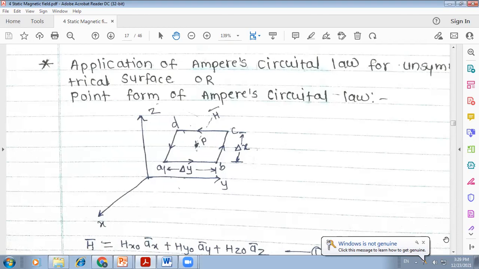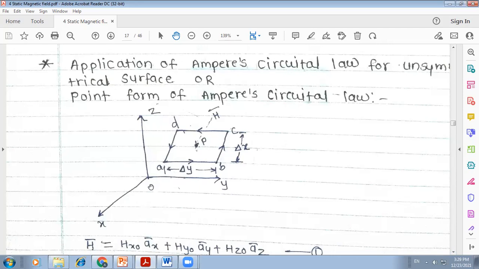So here for finding the point form of this Ampere's circuital law, we are considering here one closed loop. Okay, concentrate, this is important. So consider one closed loop here, A, B, C, D, A. Okay. So here we are going in anti-clockwise direction, and this loop is placed in the Cartesian coordinate system.